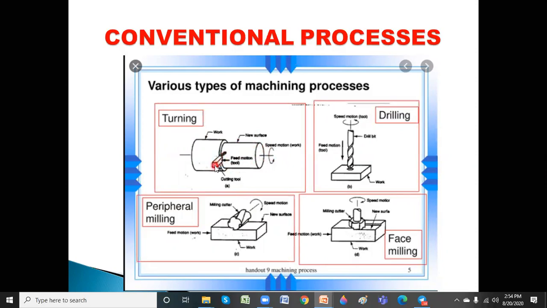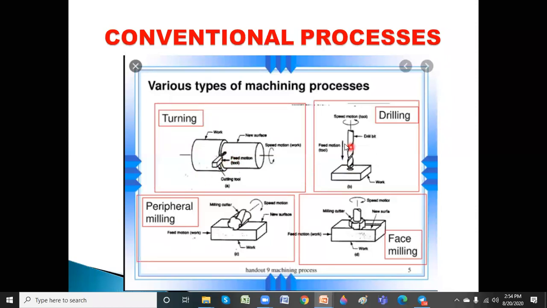This is the cutting tool, and this is the new surface which you are obtaining by using the cutting tool. This is rotating, that's the speed of rotation or speed of motion. And finally you are feeding, that's called the feed, and the depth of cut. Those are the two very important parameters in machining. So that's the turning process.